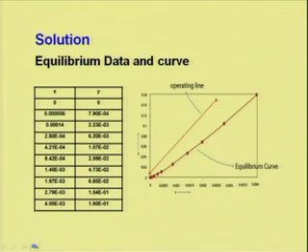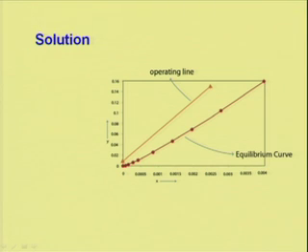So, this is the equilibrium data, given as x and y, and this is the equilibrium curve, and this is the operating line curve. Based on the data given, we can locate any point at this location, say N, and this is x, y on the operating curve.